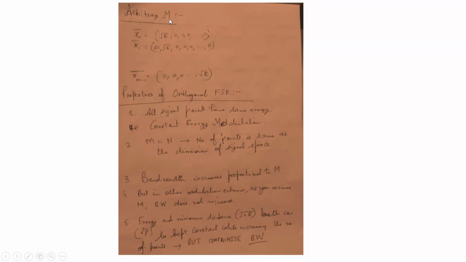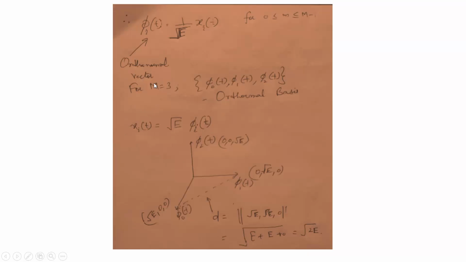And for any arbitrary value of capital M, because in the previous example I used M equal to 3, I found that the coordinates of the different signal points are under root E, 0, 0 and so on. This axis is represented by phi_0(t), this axis by phi_1(t), and this by phi_2(t).